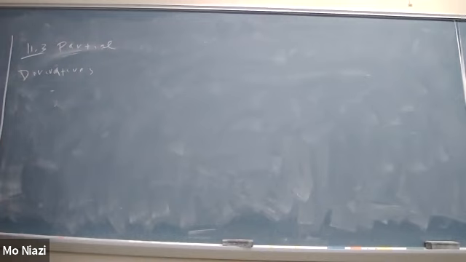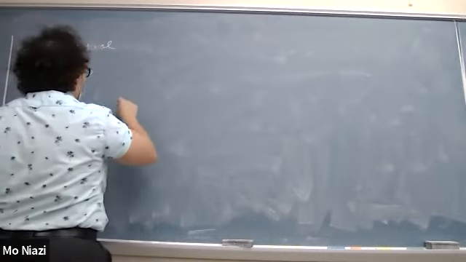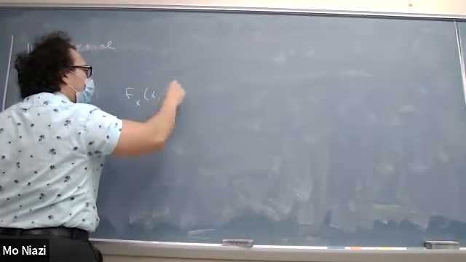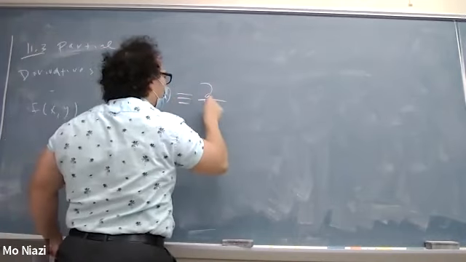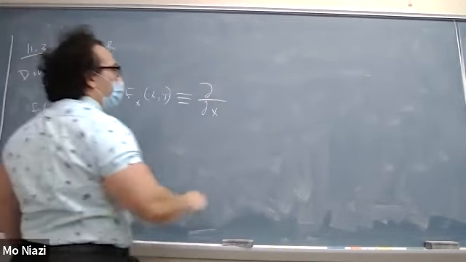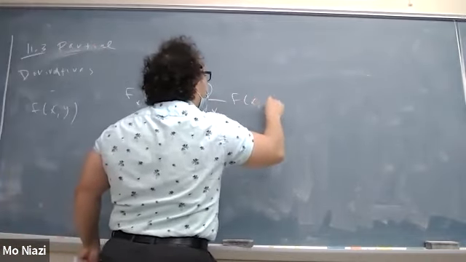Okay, so if I have a multivariable function f of x, y, I define f sub x of x, y. This is defined as the partial derivative with respect to x of f of x, y.